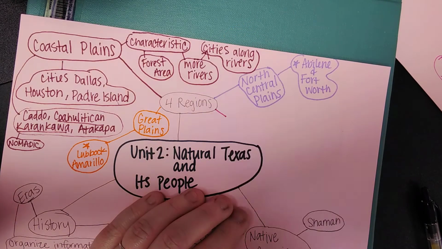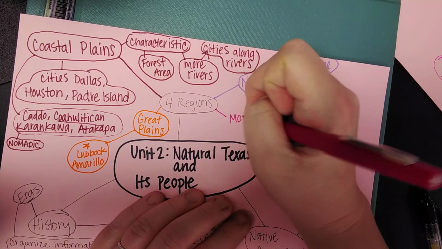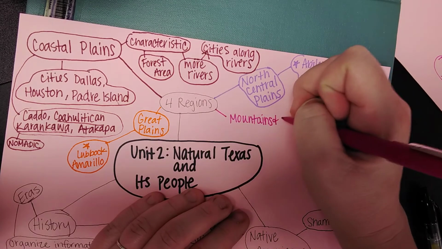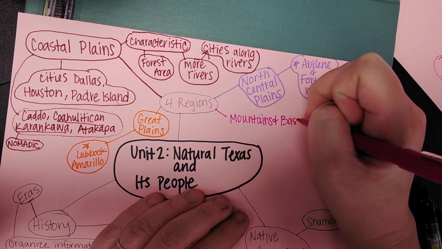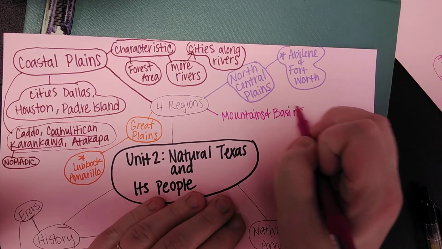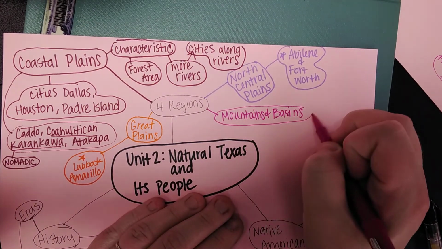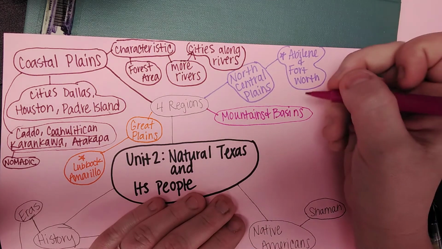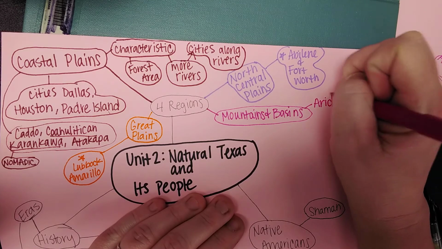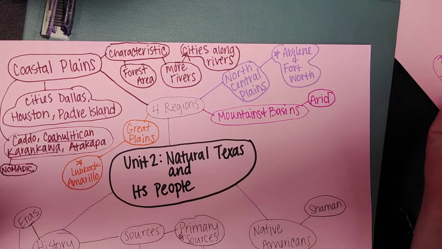Okay, let's talk about the mountains and basins. All right, the mountains and basins have a very arid climate. A characteristic would be that it's arid.